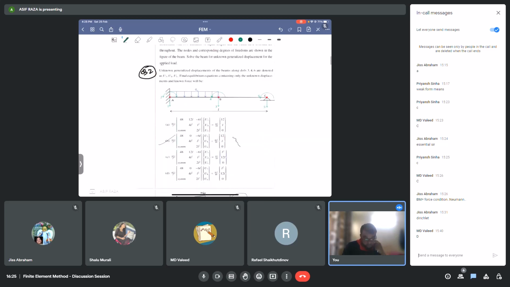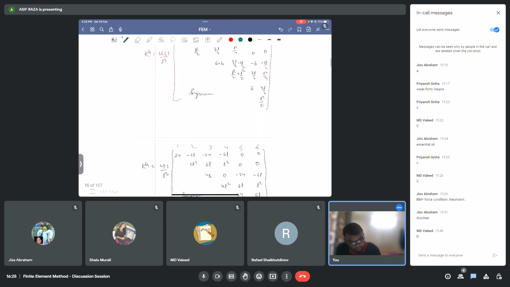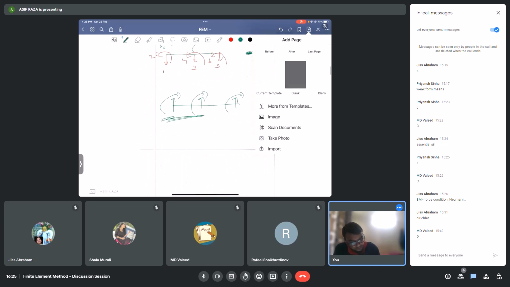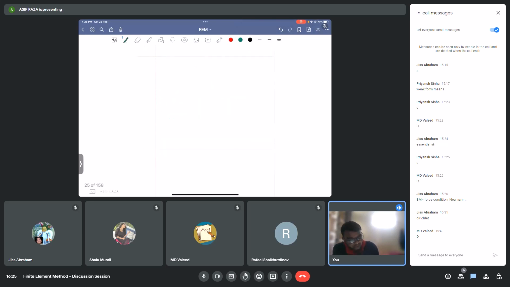Yeah. So if you see, first thing is we are taking the sign convention to be downwards, then q naught is also acting downwards. If you want to know why it would be the same, it's better to go to the earlier governing differential equation, which is this, right?